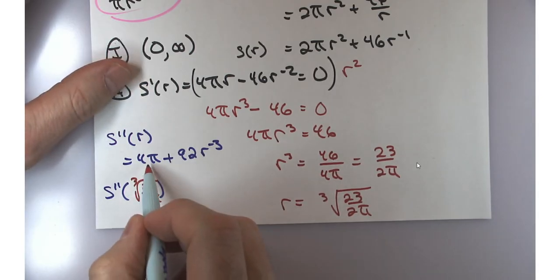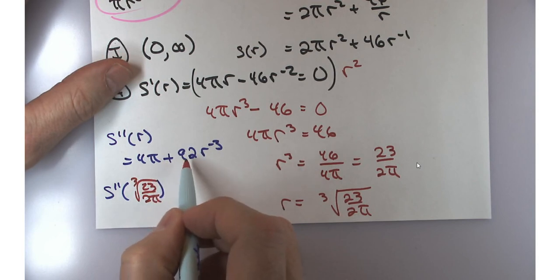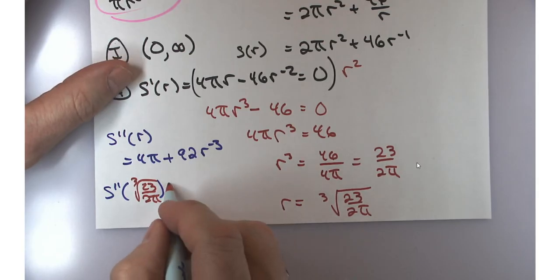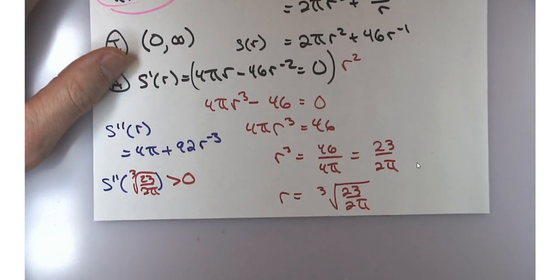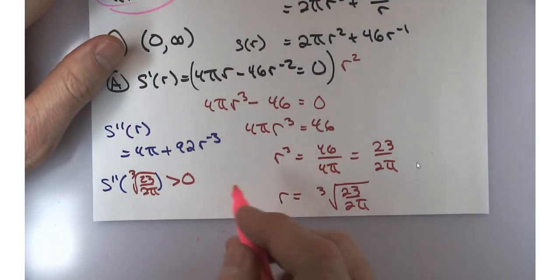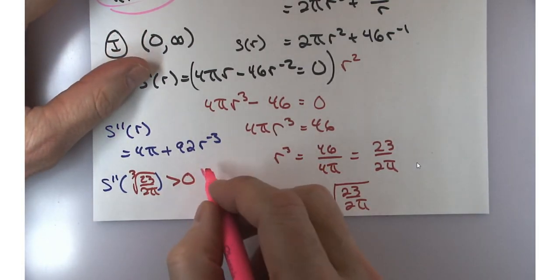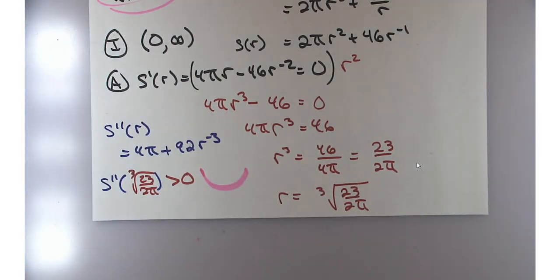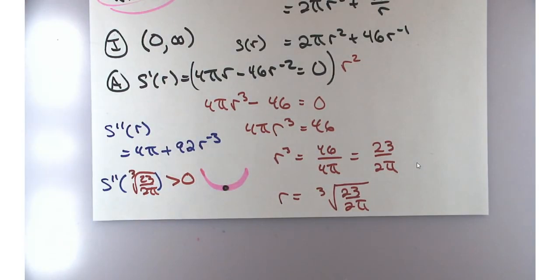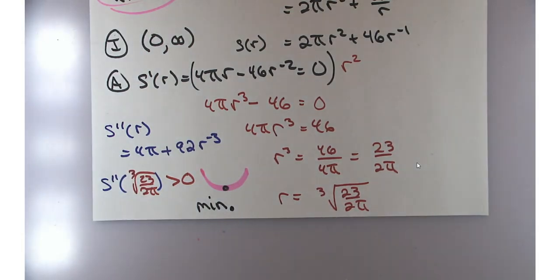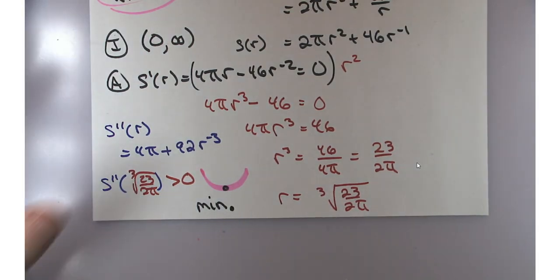Well, 4 pi has to be positive, right? 92 divided by some positive number is still going to be positive. So that has to be greater than 0. If it's greater than 0, what shape does my function have at this critical point? If it's greater than 0, it has a concave up shape. So that critical point has to be a minimum. Nice. So that critical point's a minimum.